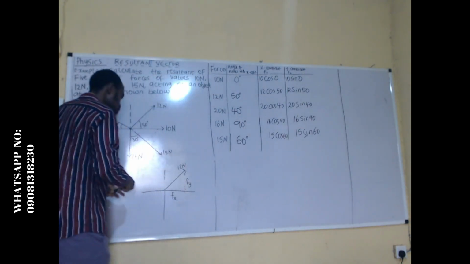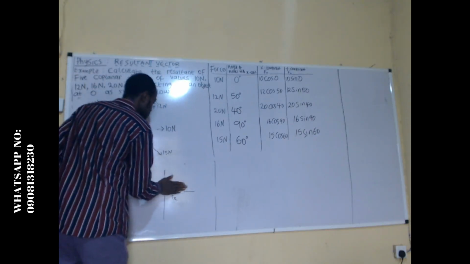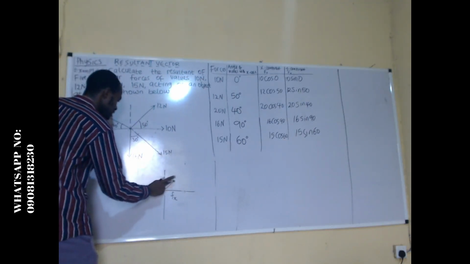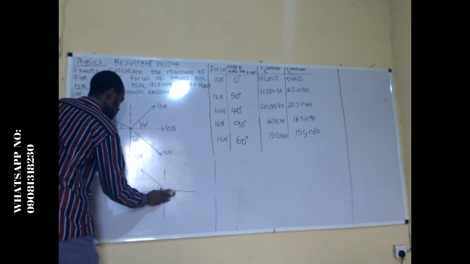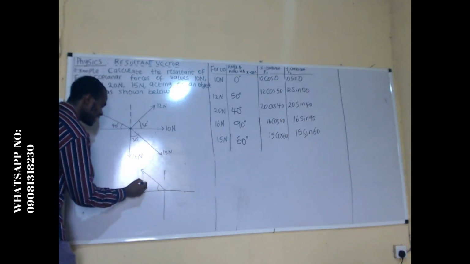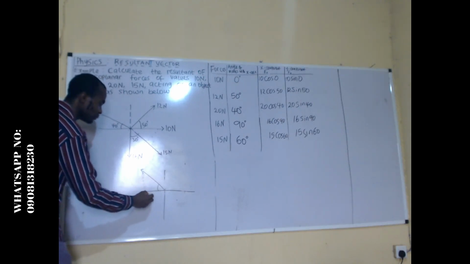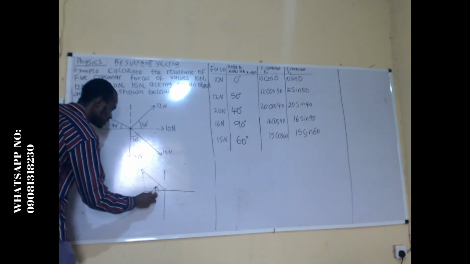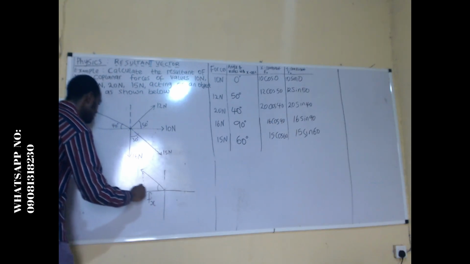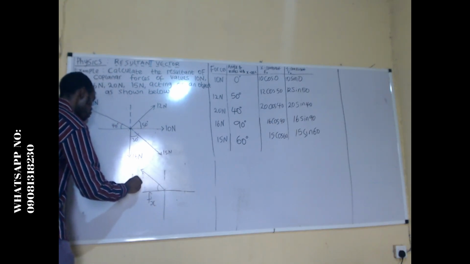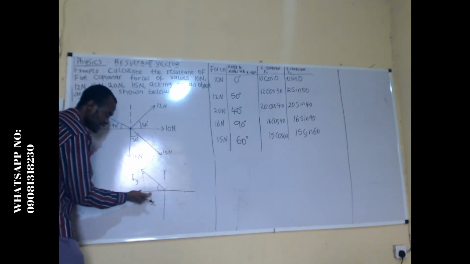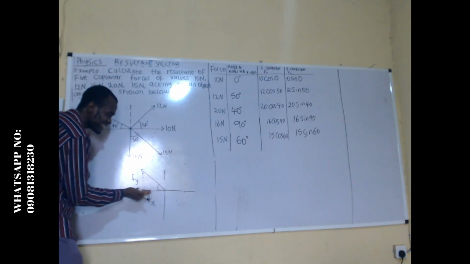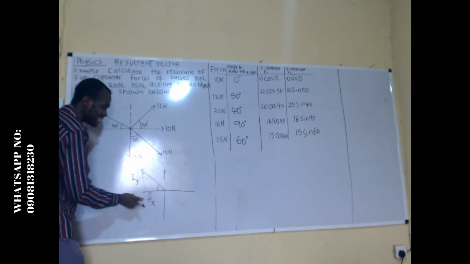Now let's go to the next one, which is 20 Newton. If you project it to the x axis to get this x component, which is fx, and fy. If you look at this x component, it is on the negative x axis.